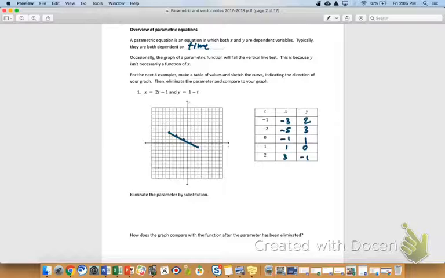So we draw one little arrow here, indicating that, assuming we get our times in the right order, we're going from upper left down to the lower right.